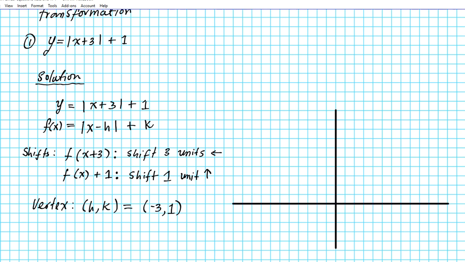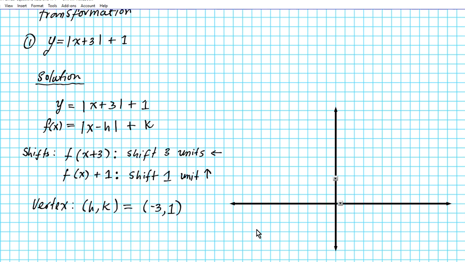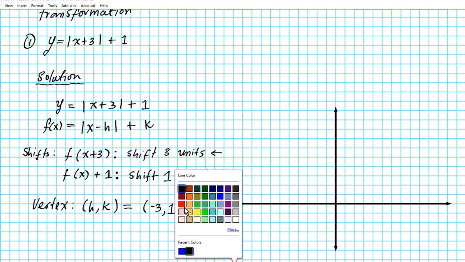All right, we're going to draw the original function first, and then we will apply our transformations on that function in order to see exactly what it looks like. All right, so the original function, let's make that in red.